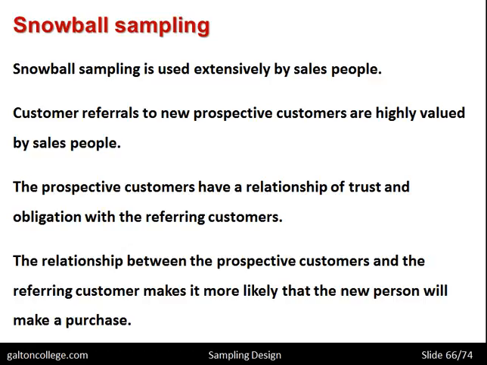Based on the experience of their friends, they will go to that shop and make the purchase. It's snowball. One set of customers has referred to the other set of customers. So it's snowballing.